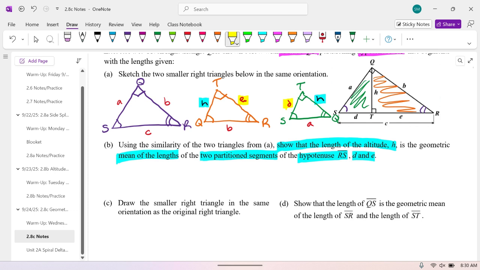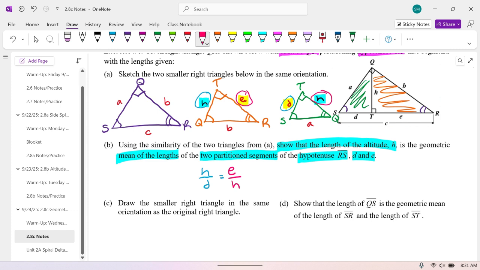So QT on the medium triangle, what's its corresponding? No. ST. All right. So H and D are two sets of corresponding sides. So H over D is our first proportion. What would the second proportion be with my other set of corresponding sides? So that would be E and H. So E over H.